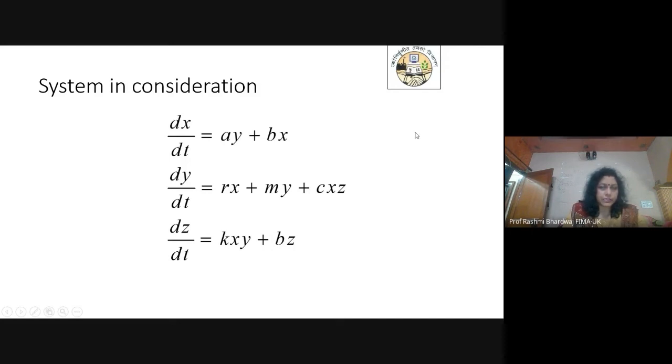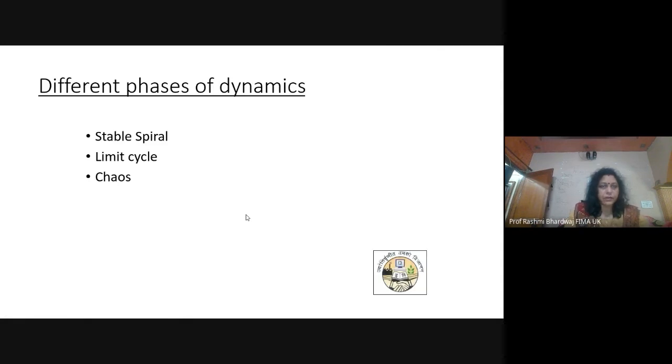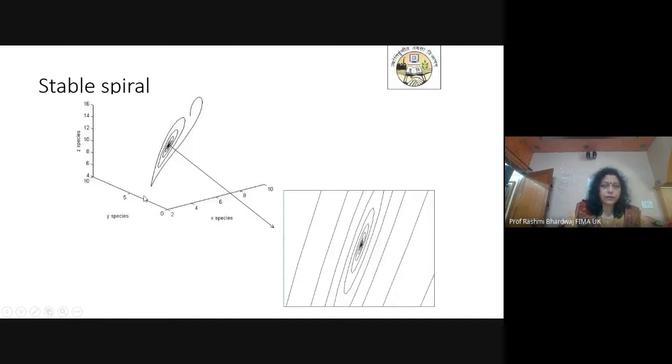If you see this system, as I vary the different parameters, I get different structures. You see here this one. So there are different phases of dynamics: stable spiral, limit cycle, chaos. For stable spiral, you get a structure like this, and this is also a phase space in three dimensions xyz.